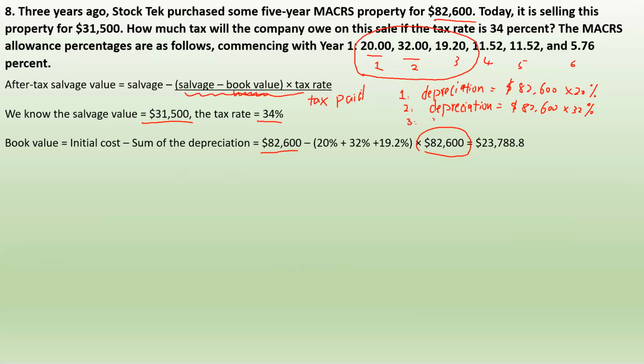The third year, the depreciation equals 82,600 times 19.2%. So the summation of those 3 equals 82,600 times, collecting the common term, 20% plus 32% plus 19.2%.